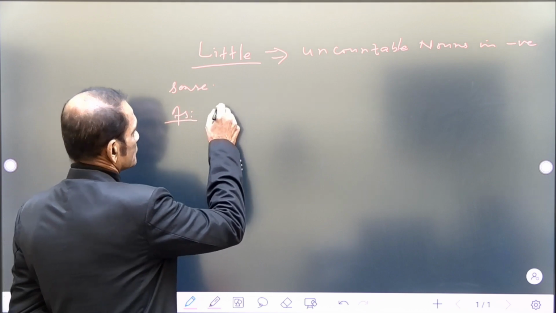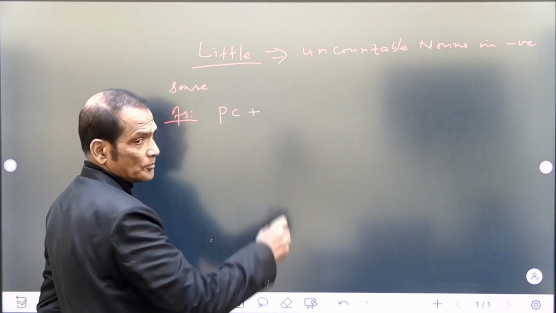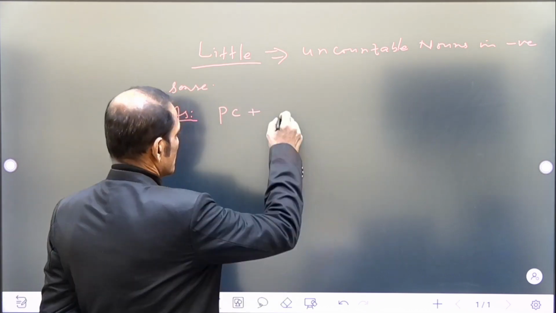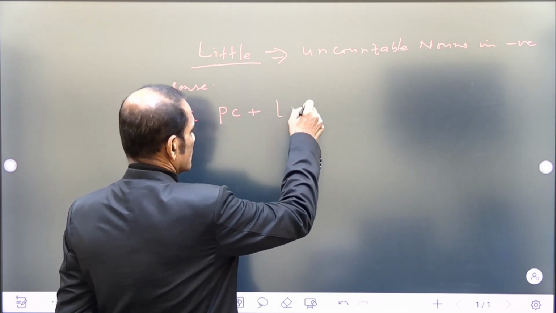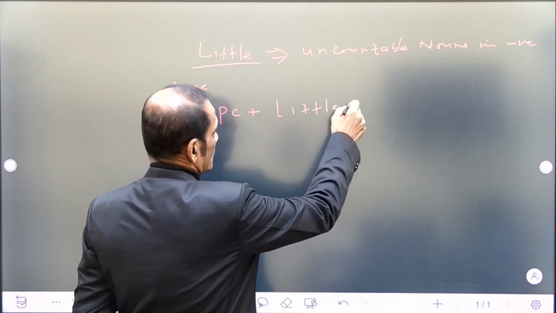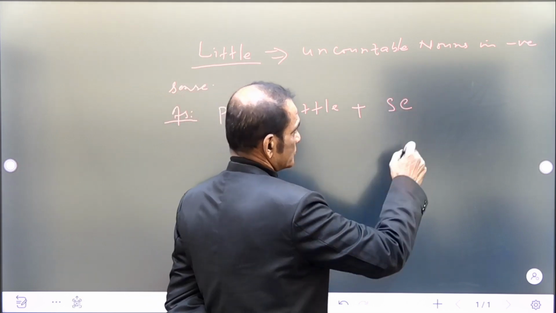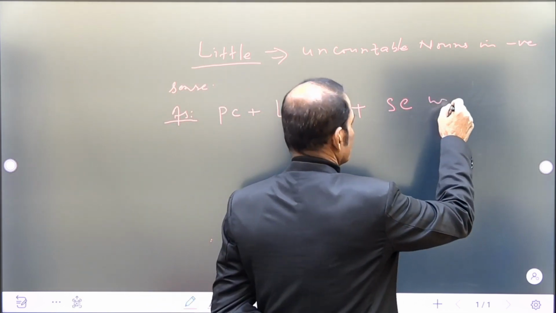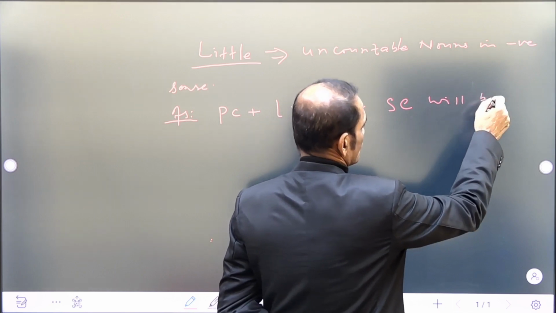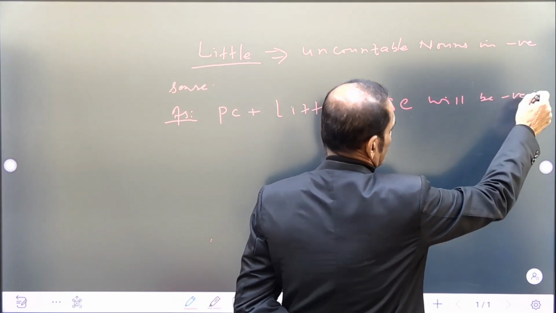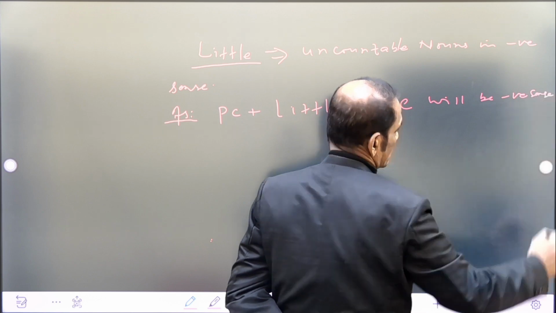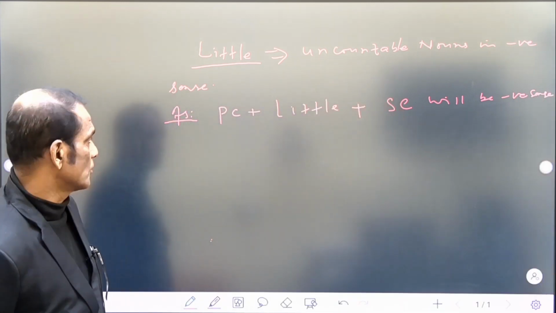if your PC, you mean principal clause, has little, then your subordinate clause will be in negative sense. This is what you have to follow.